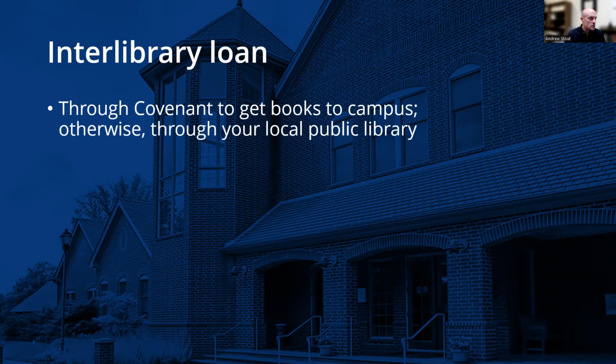So that's one way that students can get books sent to campus from other libraries. If you are not on campus at Covenant, if you have a good local public library, it's a good idea to inquire about their interlibrary loan services. So using the public library is something that is really helpful for a lot of online students.